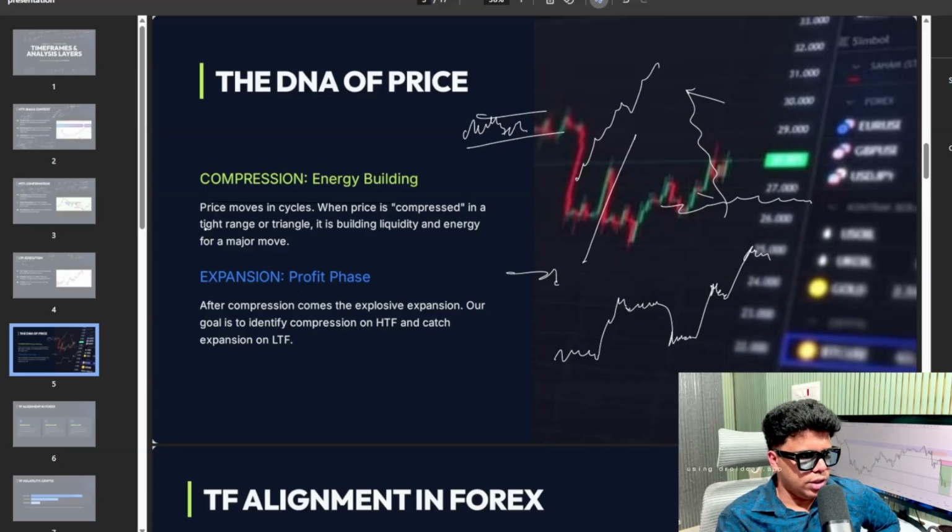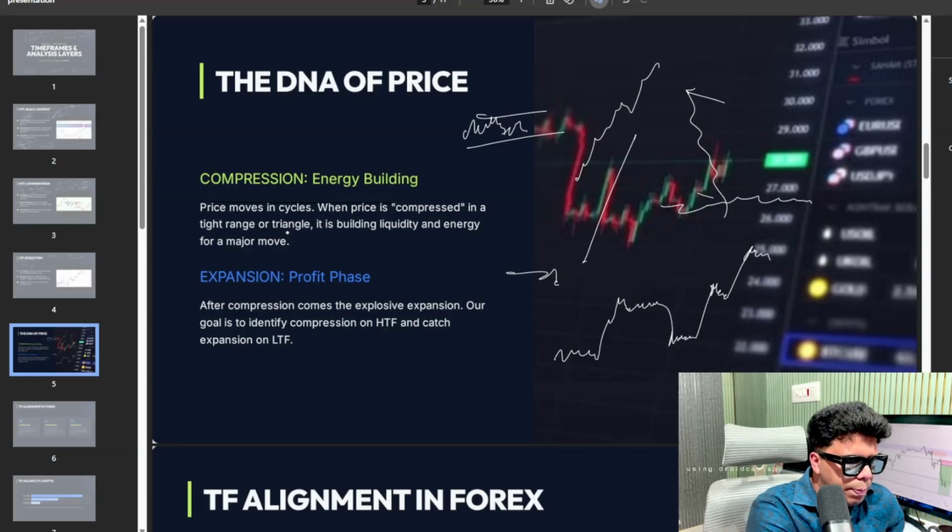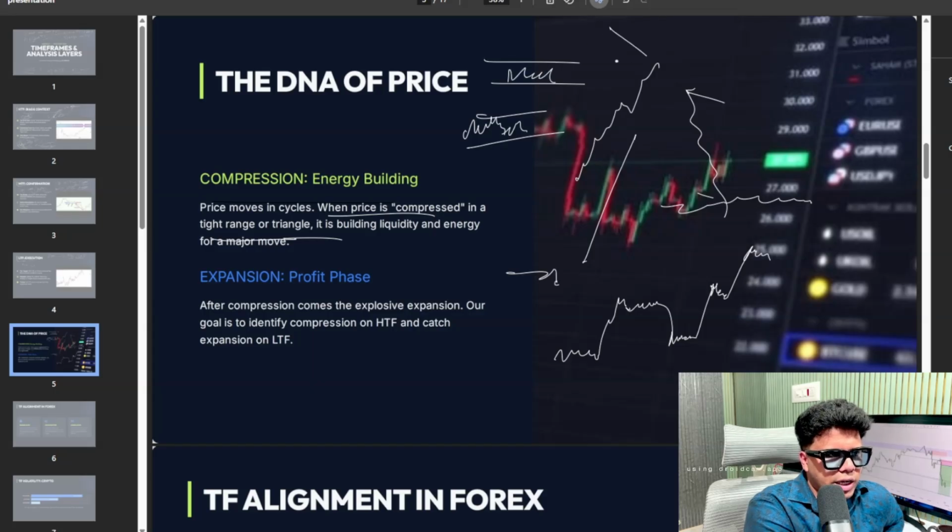When the price is compressed in a tight range or triangle, it's going to be like a compression, or we can't exactly draw it like this. The price can move in a compression like this, and after that we can see a quick momentum. After that, it's called expansion.